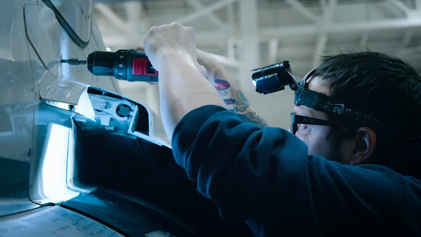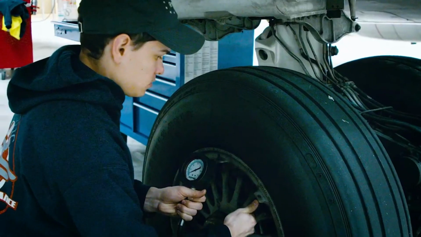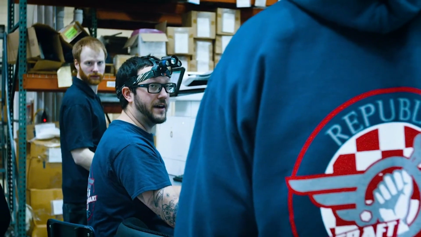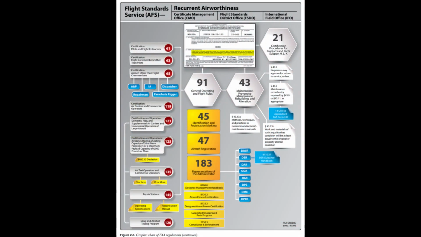Subpart E, Maintenance, Preventive Maintenance, and Alterations, Sections 91.401 through 91.421. This is the section of most interest to the technician. They must be familiar with it, because it does carry some indirect responsibility for the technician. Note that the 14 CFR Part 91 icon in Figure 2.6 has a direct line to 14 CFR Part 43.